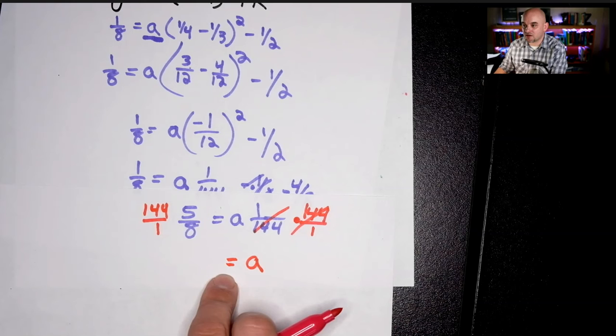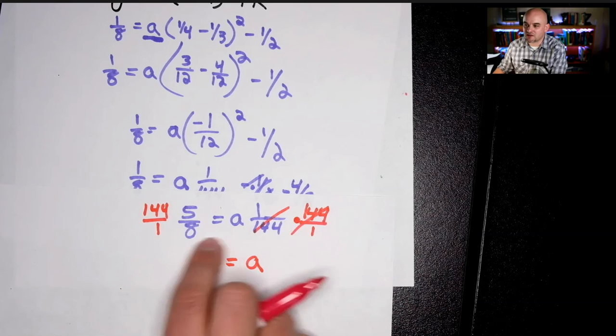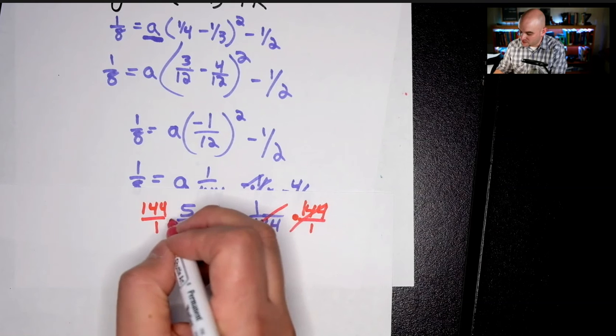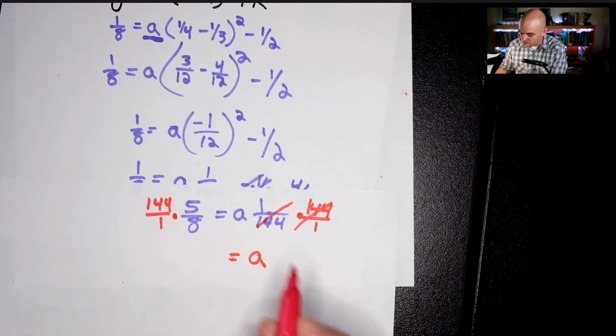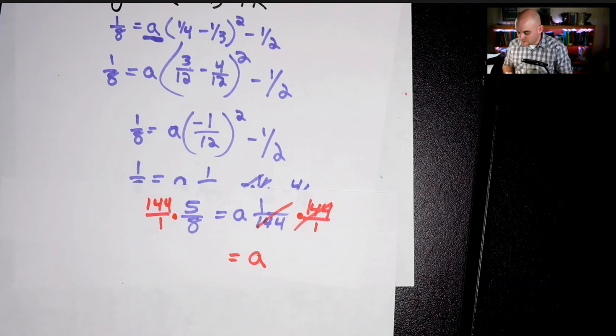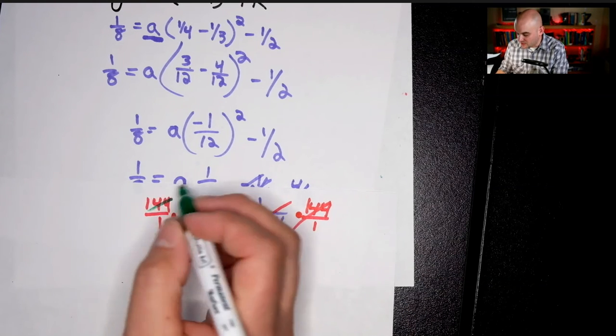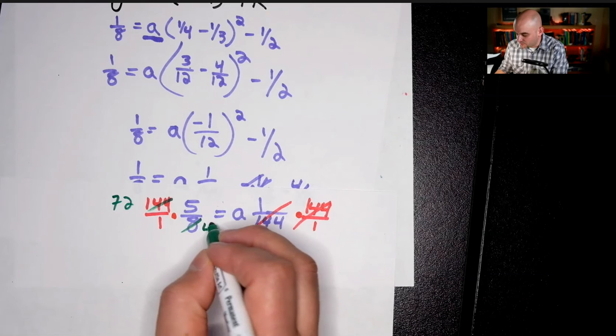Why did I switch colors? I don't know, just so you can kind of tell the difference between the two. And when I multiply these two, remember, multiplying fractions, we multiply straight across. But to make life a little bit easier, if I can reduce ahead of time, I am. I notice both of these are even. So if I divide both by 2, I get 72 and 4 right there.